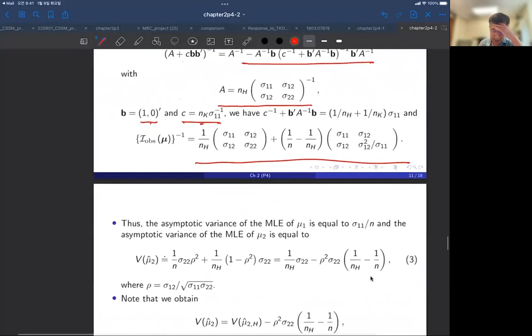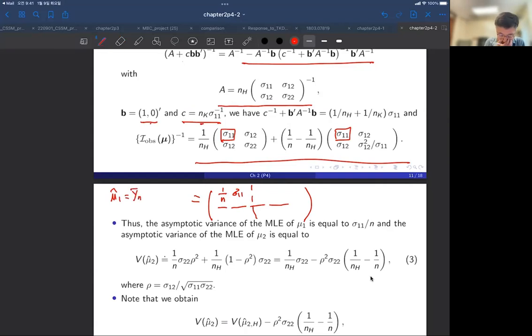So what does that mean? If you look at the first element, you get 1 over nh plus 1 over n minus 1 over nh, so you get sigma 1. So that is actually what? You have your MLE for y1, it's just y bar n, right?